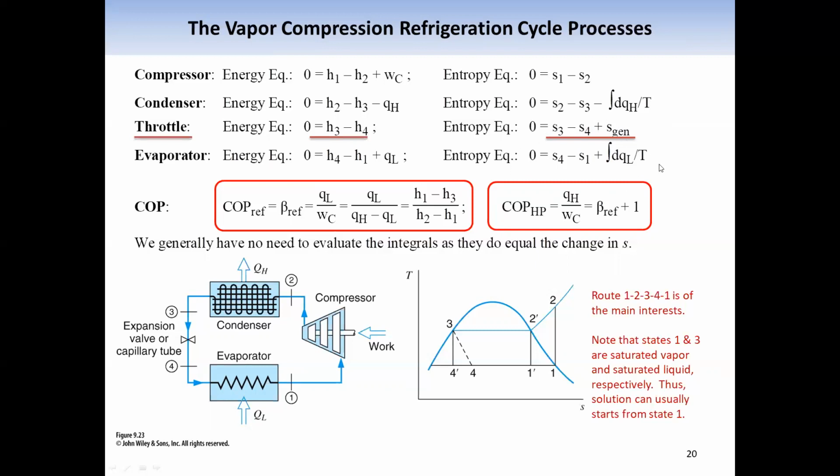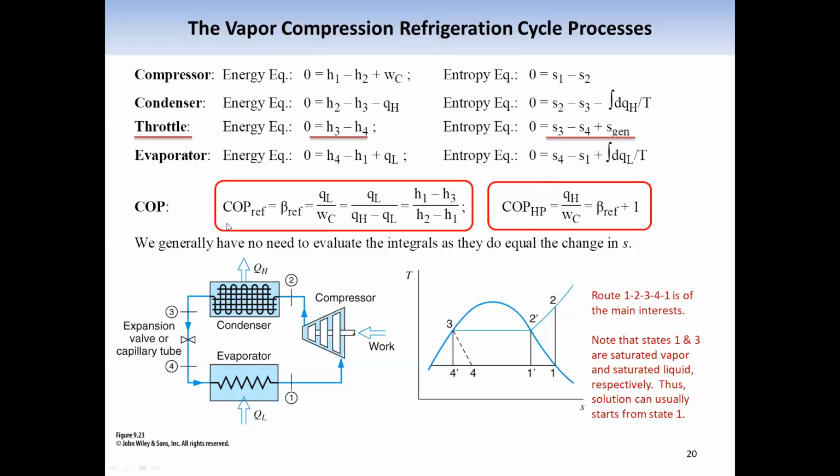Then the evaporator process is the same as a heat engine. We have a heat transfer term, assume reversible, so we don't have the entropy generation term.